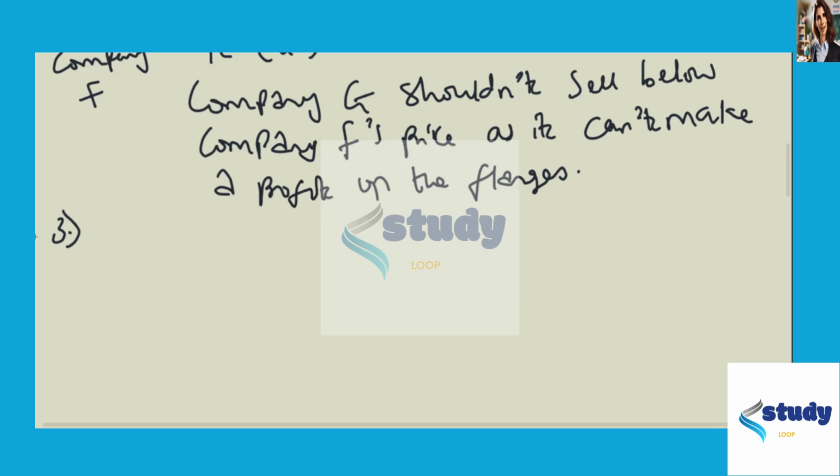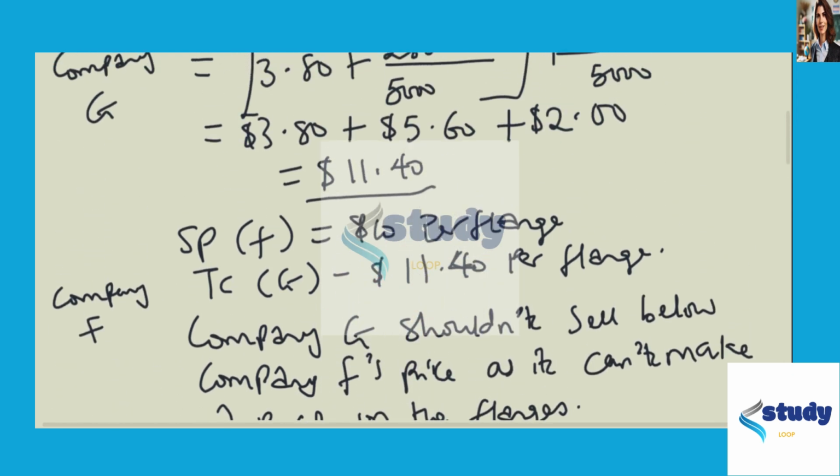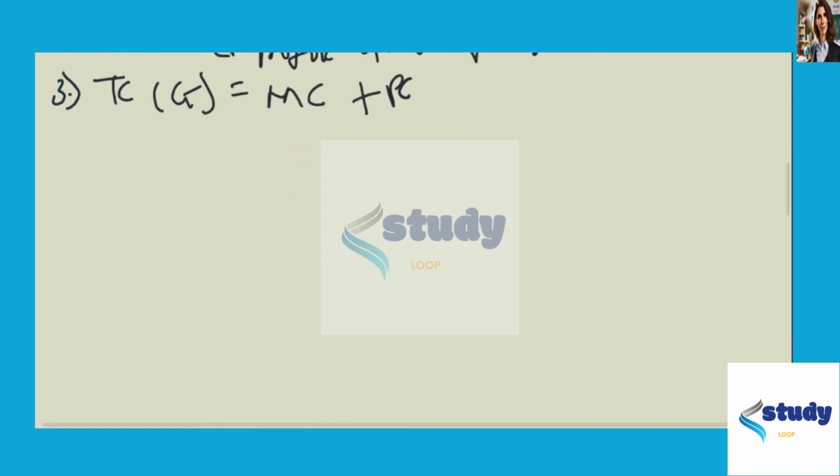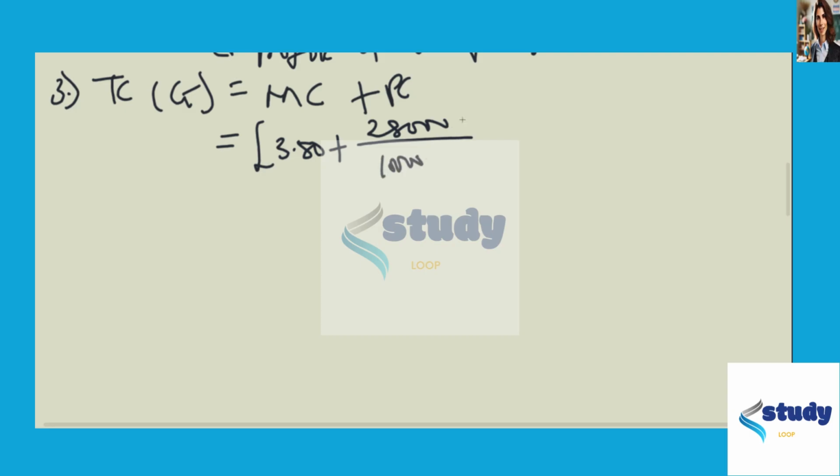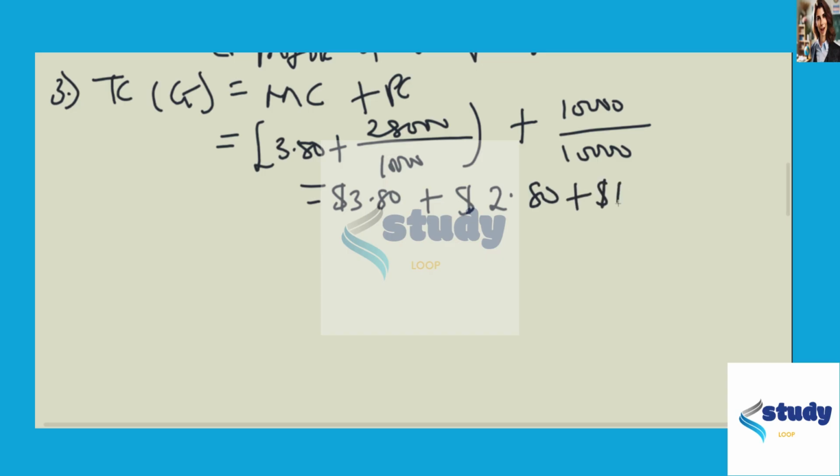So the total cost per flange for company G will be calculated by adding the manufacturing cost and the period cost for this period, and that will be equal to $3.80 plus 28,000 divided by 10,000 plus 10,000 divided by 10,000, and this is equal to $3.80 plus $2.80 plus $1, which is $7.60.